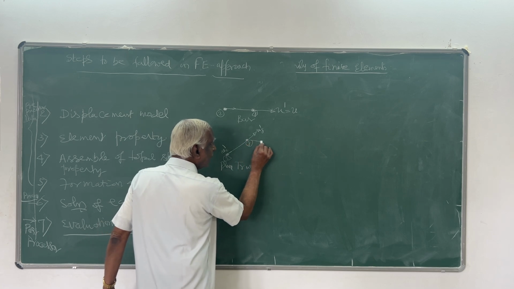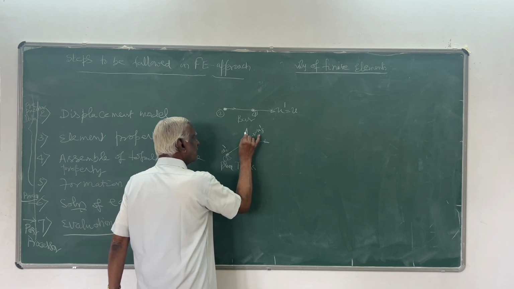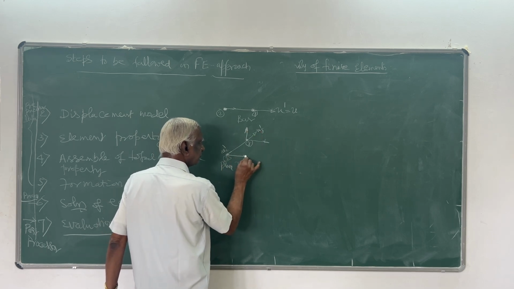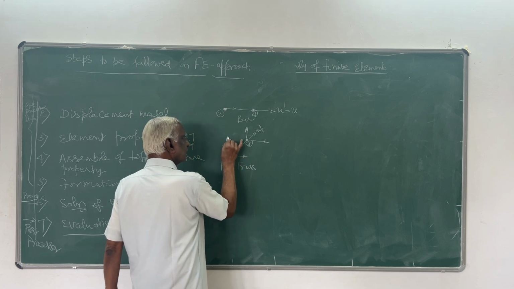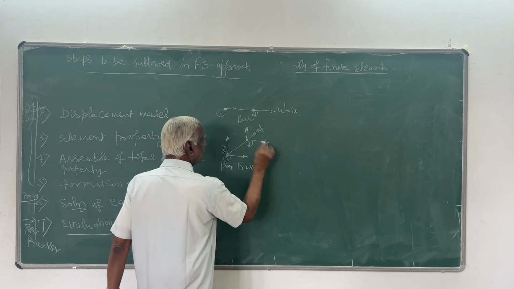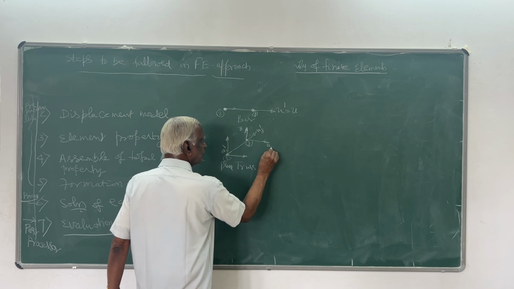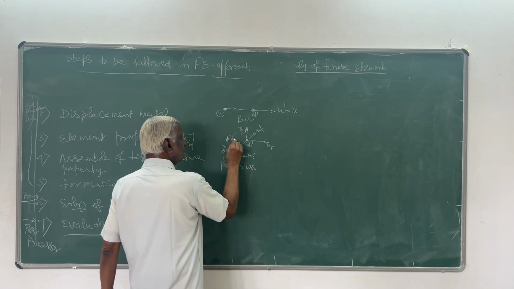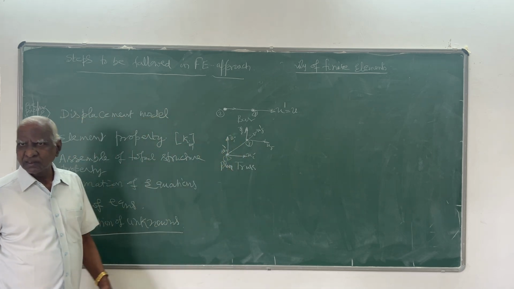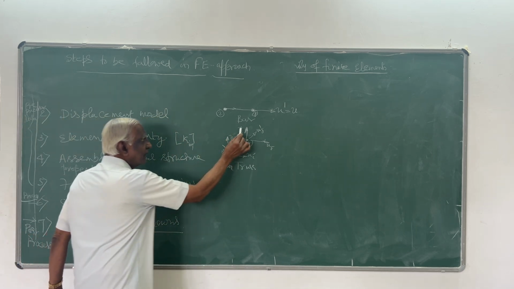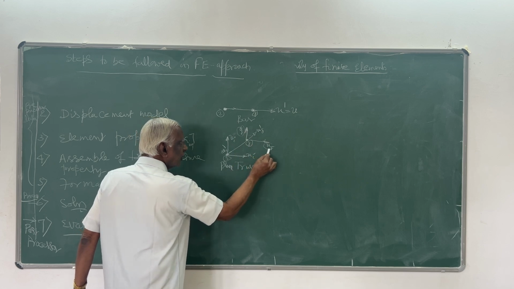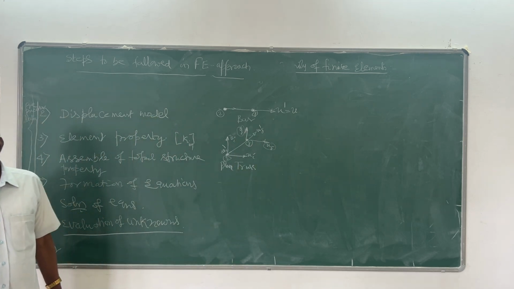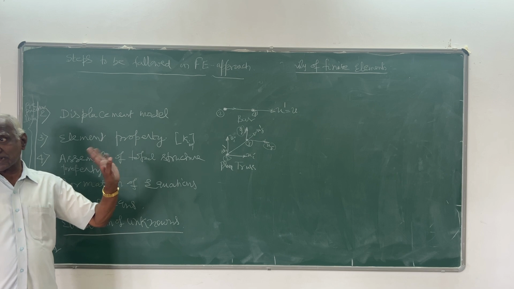In global coordinates, you have two displacements: Ui, Vi, Uj, Vj. That means at each node you have two displacements, in global coordinates I am talking about.